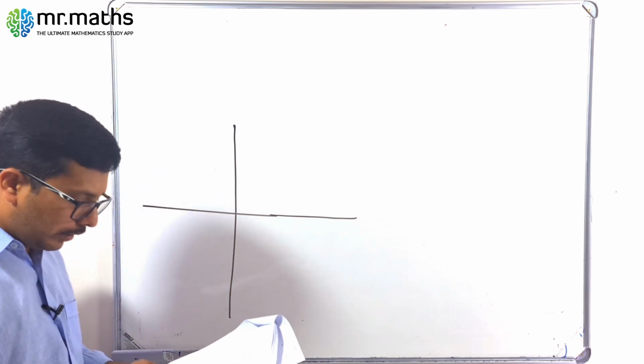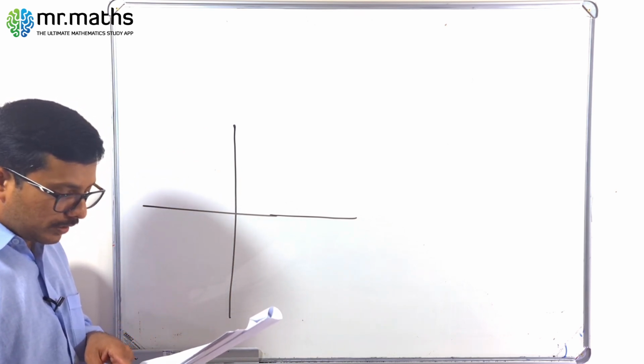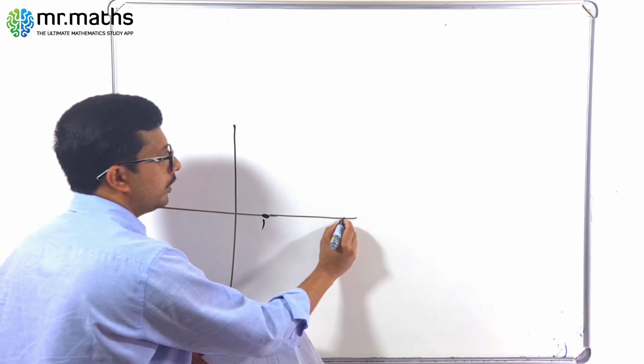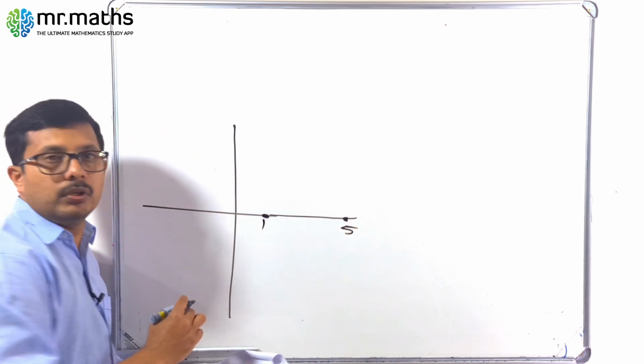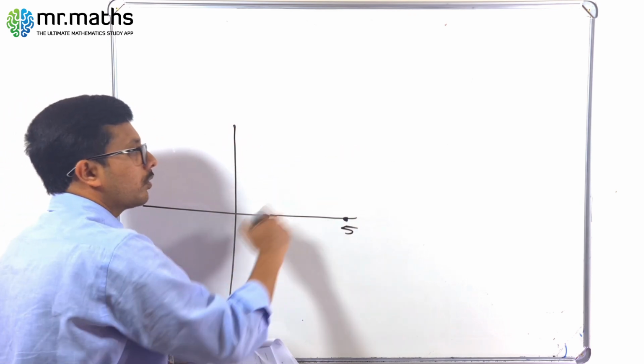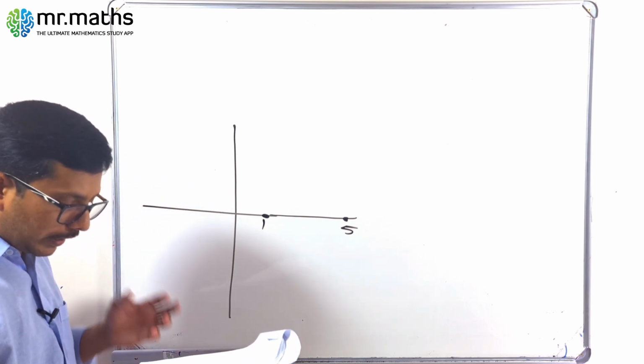There is a parabola. The graph of a parabola f has the x-intercept at 1 and 5. So the x-intercepts are at 1 and 5. So it's a parabola. So now we can't say that the graph is like this or like this because we don't know what is the shape, or we don't know what is the value of a.